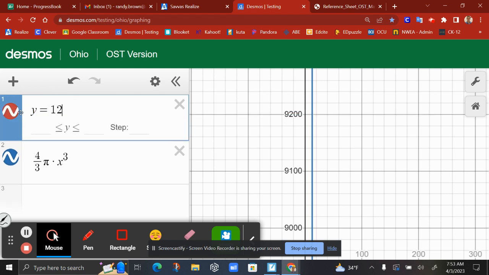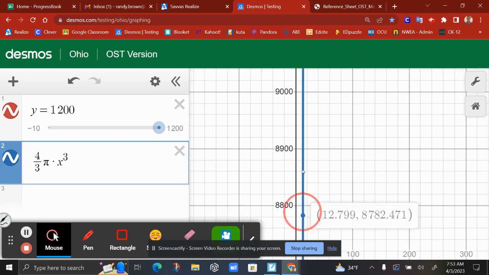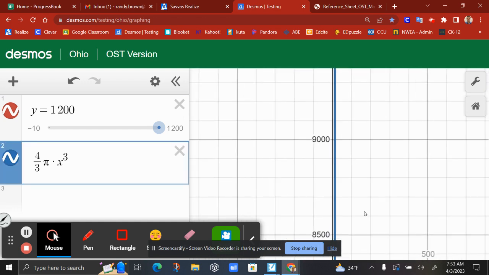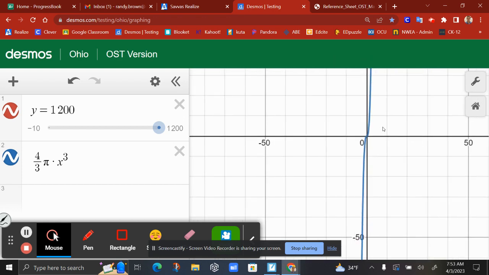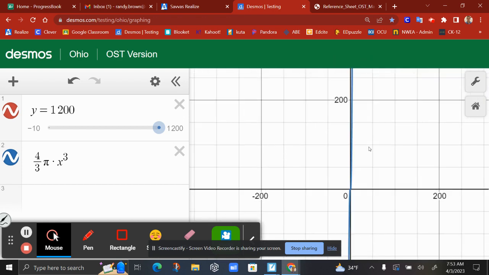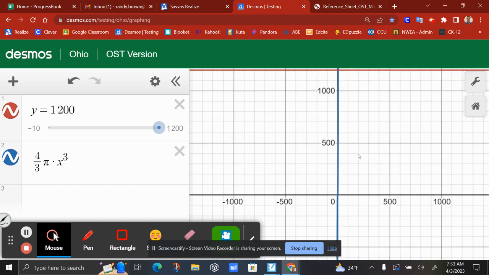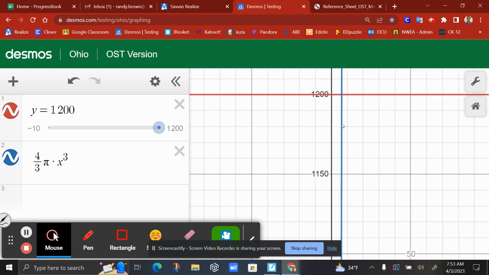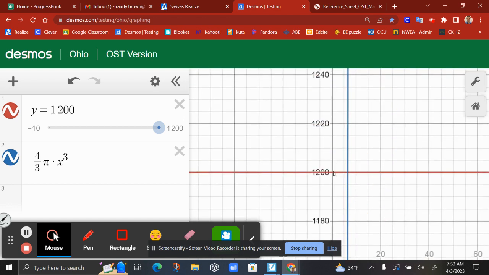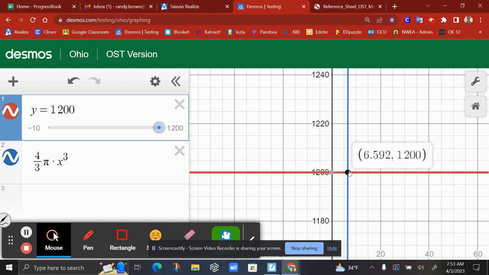Remember, we have y equals. Let's just go home and zoom out. Zoom back in just to make sure we don't pick where it hits the line, because a lot of times when we click on that point, it'll give us the 0. We don't want that. We want this one. So our answer, this is the radius x.